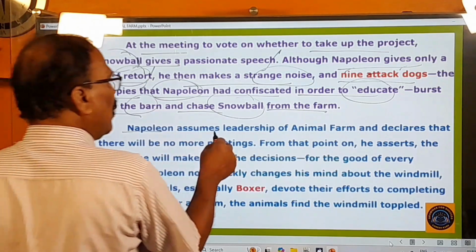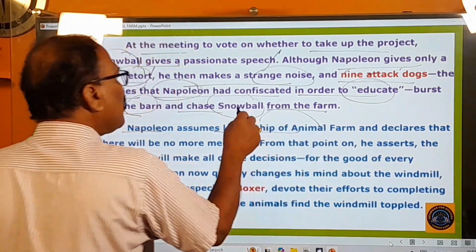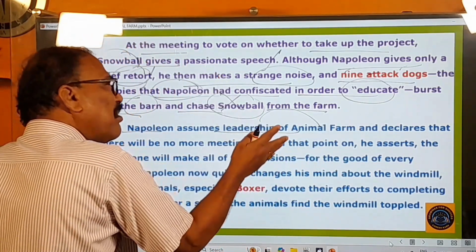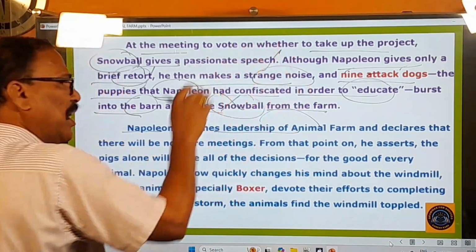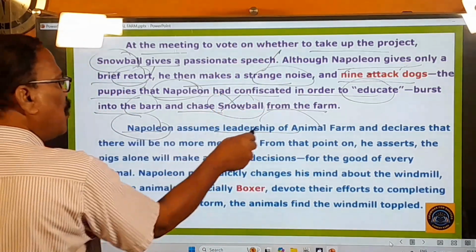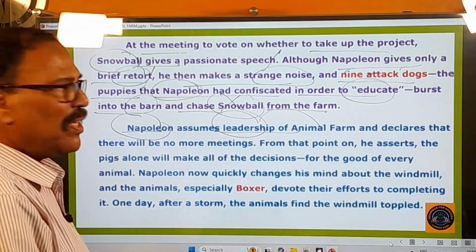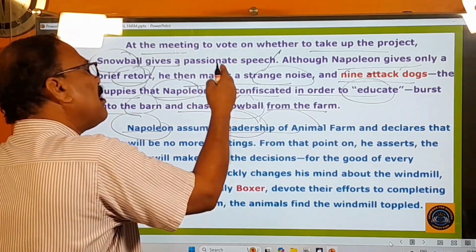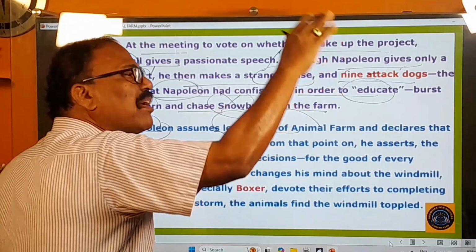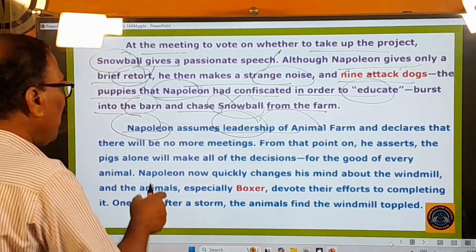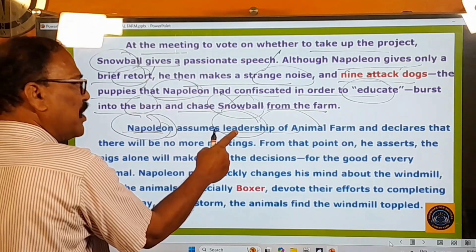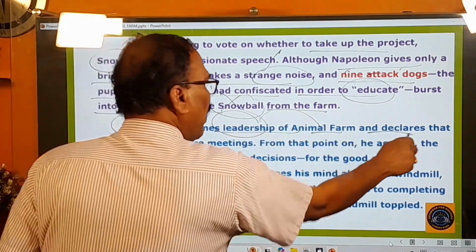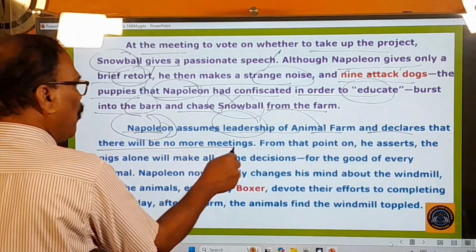Napoleon assumes leadership of Animal Farm. After Snowball was driven out of the animal farm, Napoleon assumes the leadership. This opposition leader was made to leave the farm, and therefore now only Napoleon remains on the farm. He assumes the leadership of the animal farm and declares that there will be no more meetings.